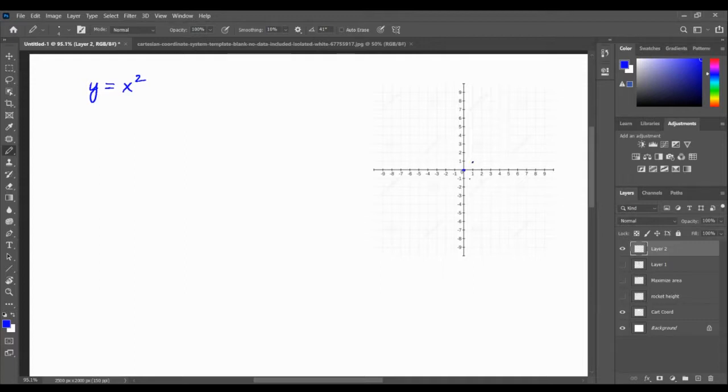Plug in 1, we get 1. Plug in 2, we get 4. Plug in 3, you get 9. Plug in -1, you get 1. -2 gives us 4. -3 gives us 9. This is one of our parent functions. It's one we know, and we'll use it a lot. It shows up again in chapter 10. So that's y equals x squared.